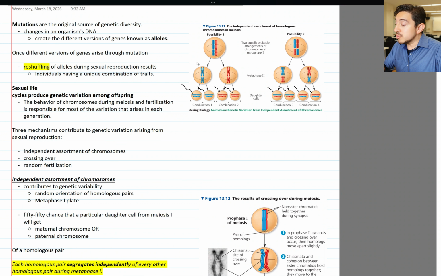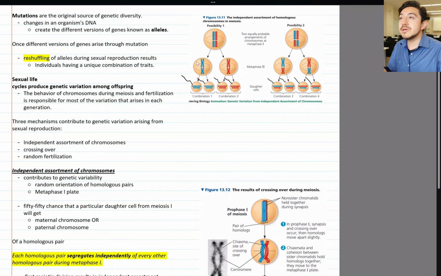Okay, and then once you have these variations occurring over time and generations as organisms interbreed with each other, you start to get a shuffling of a variant from the original gene, and you start to get what is called a heterozygous organism, right? Again, there's something we're going to see later on.